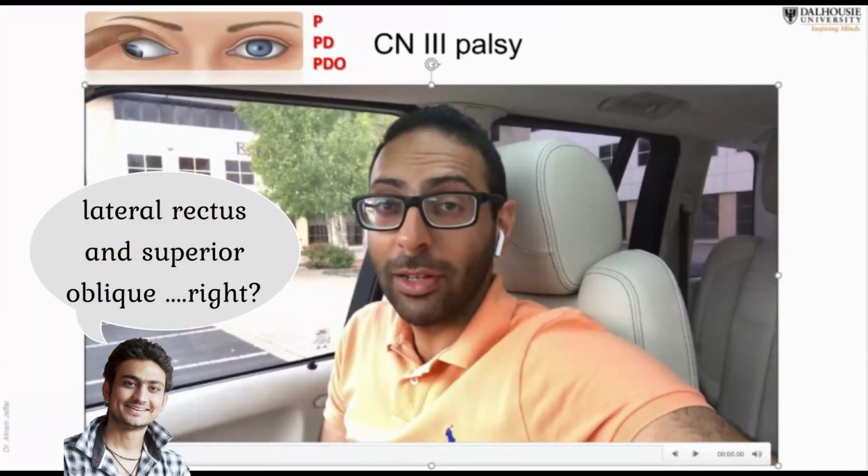Yes. So what does the lateral rectus do? It is still functioning. As the name indicates, from the lateral side, it pulls the eye laterally because it's attached anterior to the equator of the eyeball. Okay? So why does the eye go downwards as well?